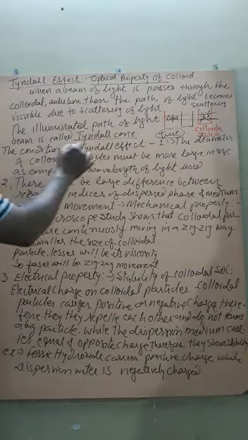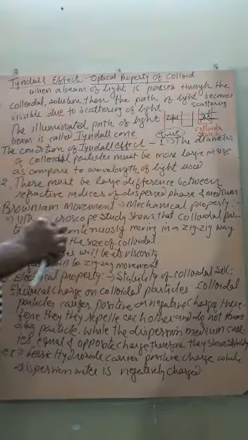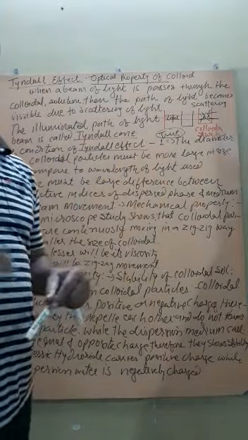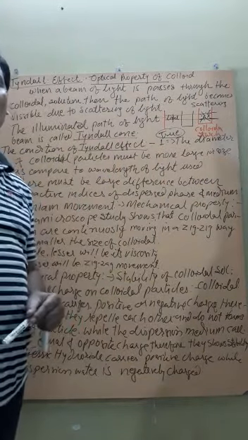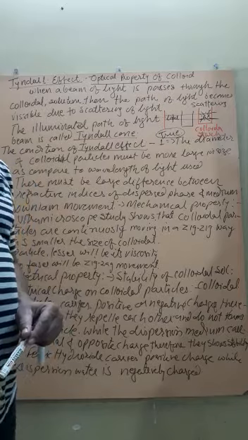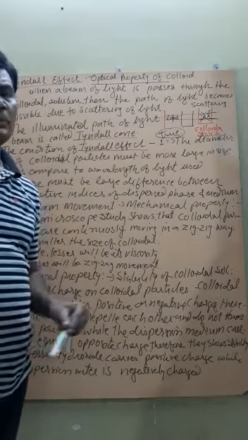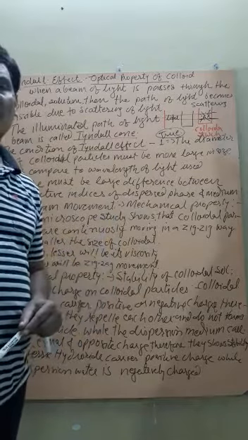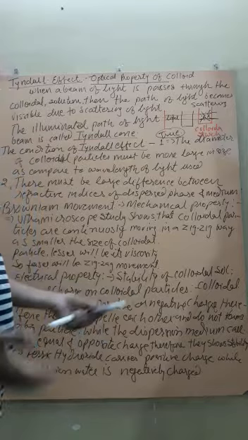What is the condition of the Tyndall effect? The condition, as I told you, is scattering of light, that is, the light is scattered by the colloidal particles. That means the size of the colloidal particle must be larger as compared to the wavelength used.